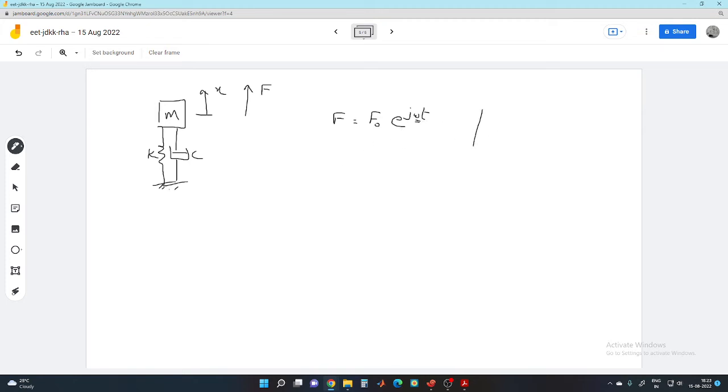So what we assume is with time, the variation of f is like this, right?